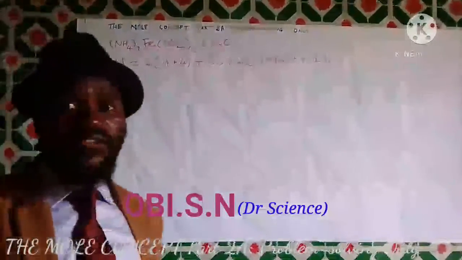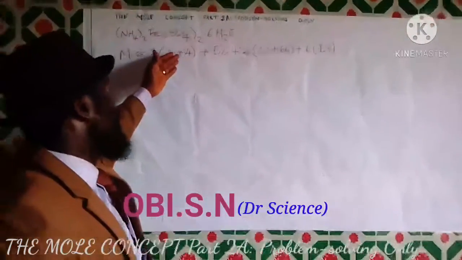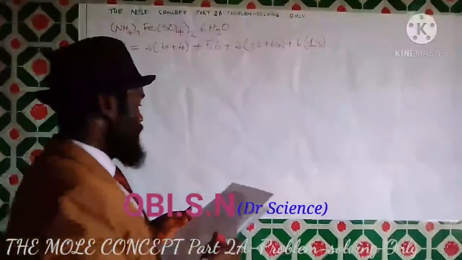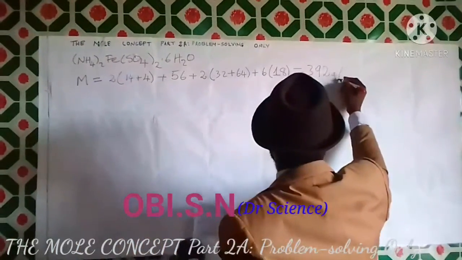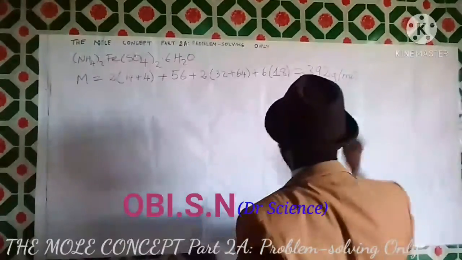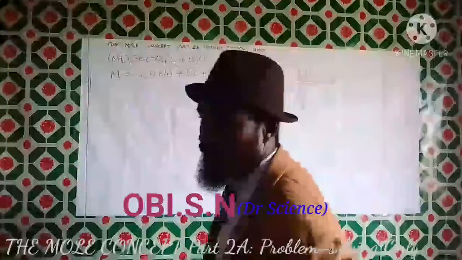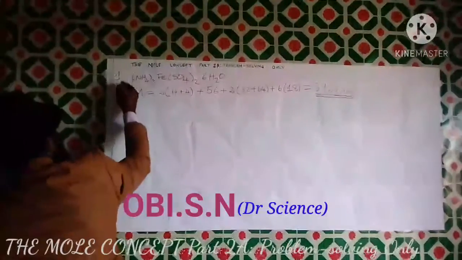If you use your calculator well, you are going to sum this up to give 392 grams per mole. That's all for the A part of the question, question 1A.